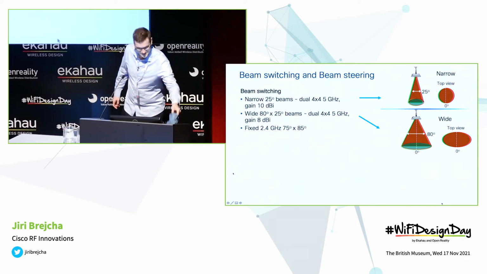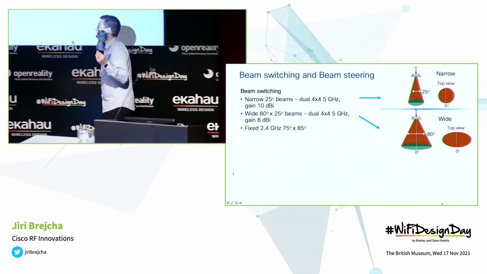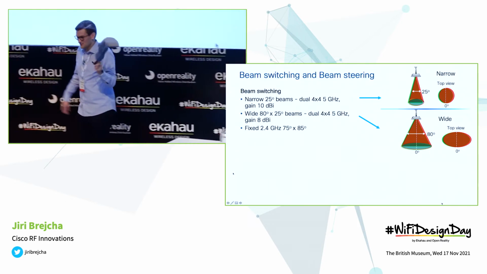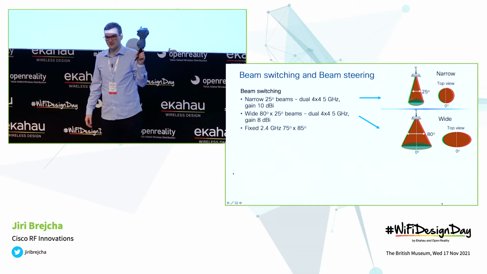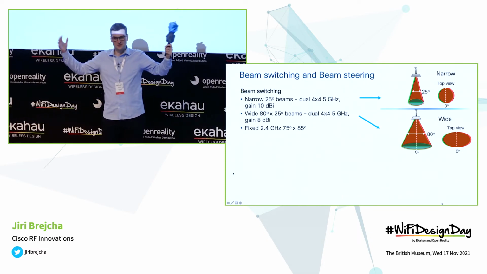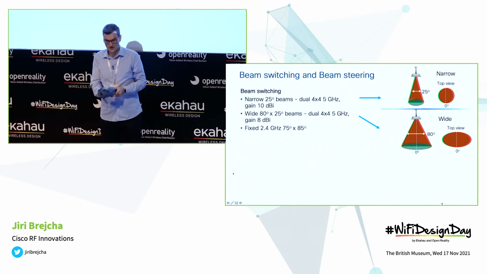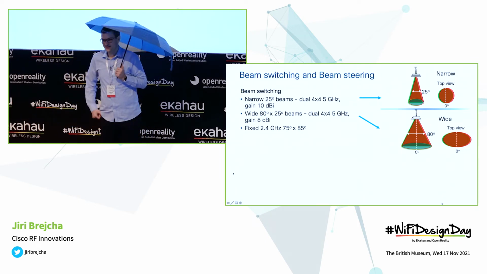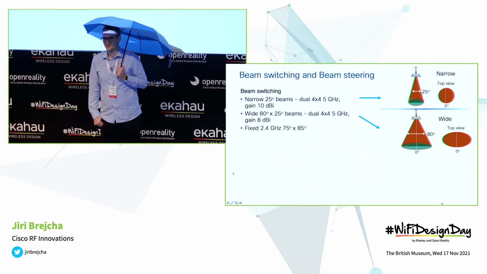I guess there's one analogy between this unit and an umbrella. If it's not raining, you want the umbrella to be as small as possible. You don't want to carry a huge umbrella. But when it actually rains, you open the umbrella and it's not raining on you at that point. So that really is the beauty.